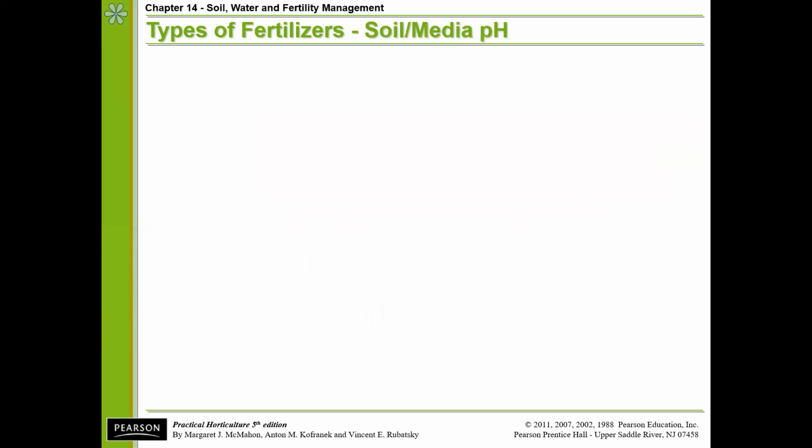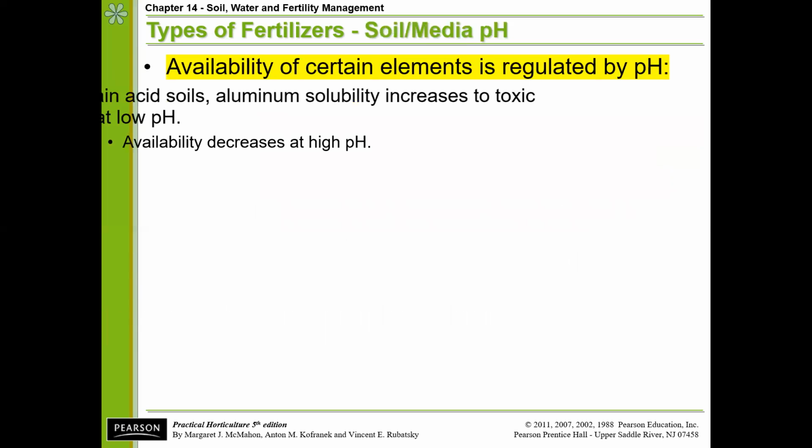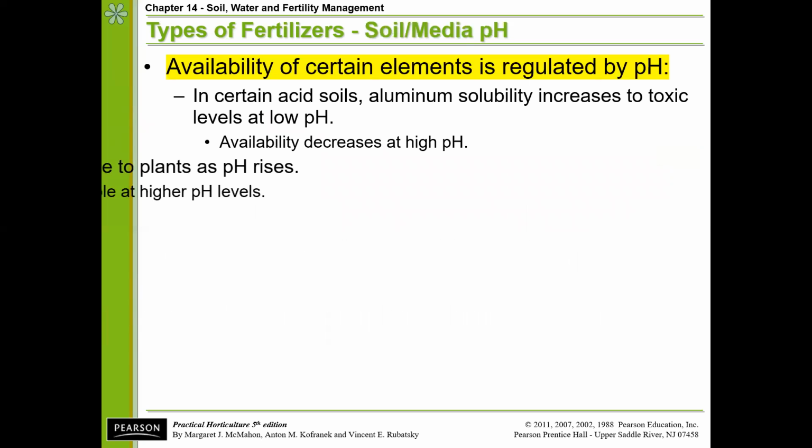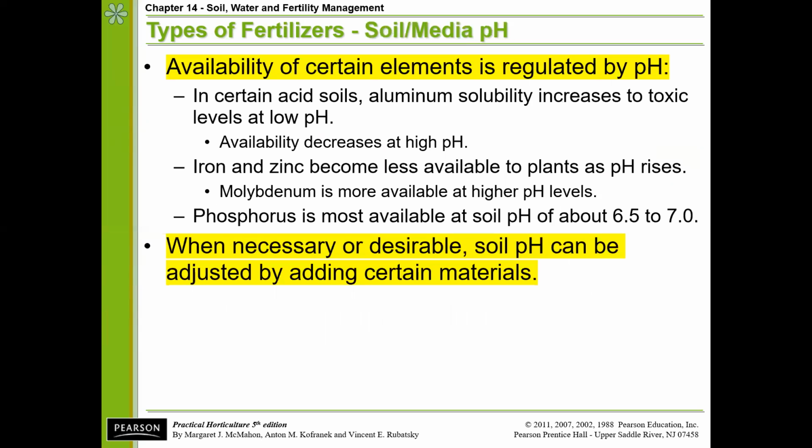We talked about this before, how the availability of certain elements is regulated by pH, and ideally we want it hovering around neutral. Slightly acidic up to neutral is best for the widest variety of nutrients available for plants.